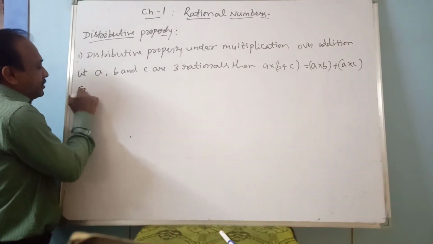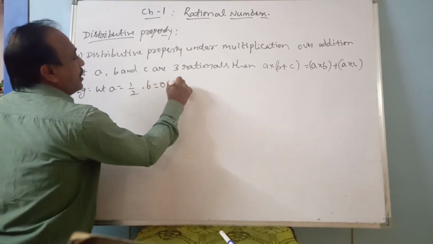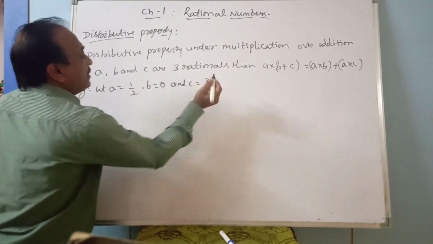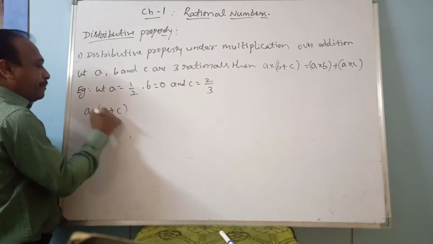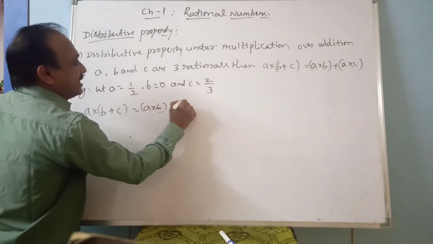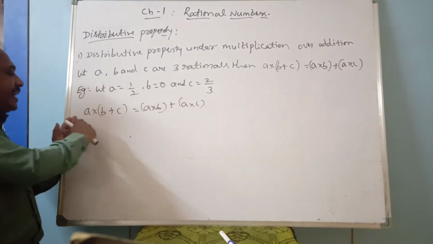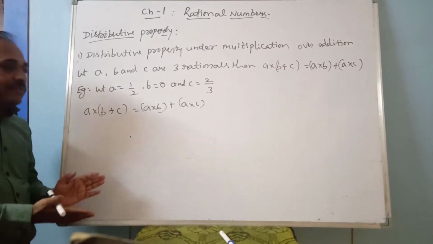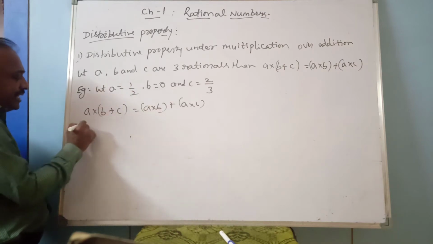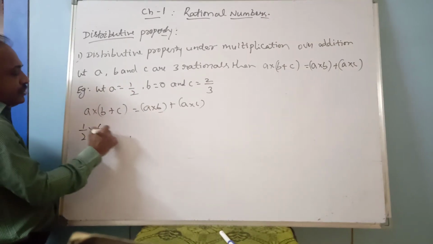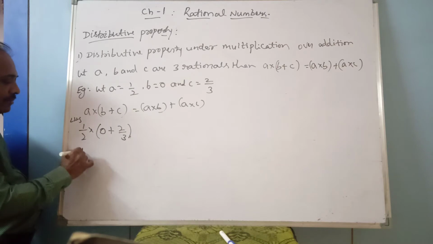Let us see an example. Let A is equal to 1 by 2, B is equal to 0 and C is equal to 2 by 3. Now A into (B plus C) is equal to A into B plus A into C. Here A is distributed: A is multiplied with B as well as A is multiplied with C. First we do the LHS part: 1 by 2 into (0 plus 2 by 3).